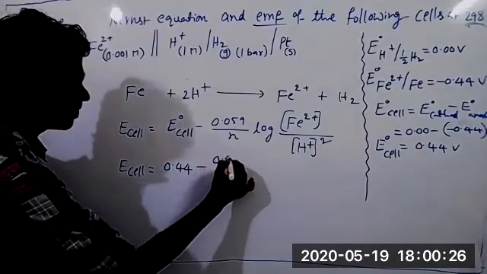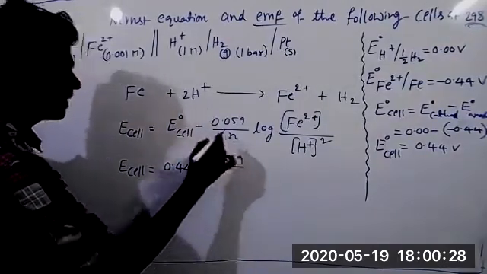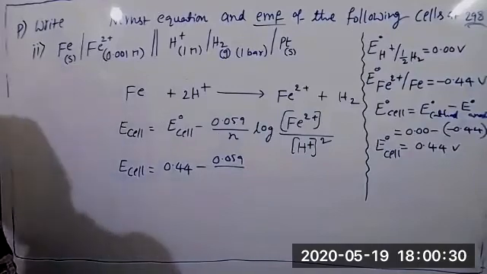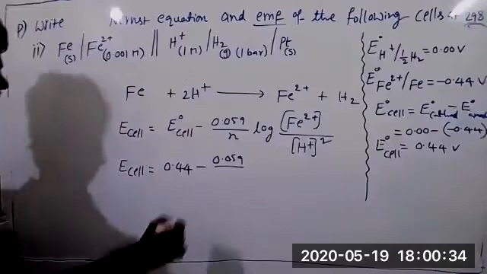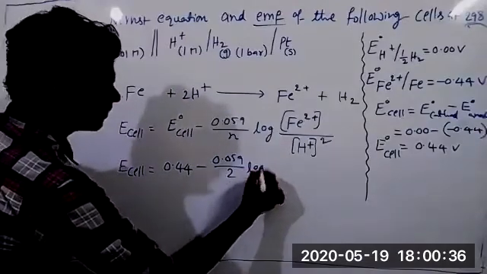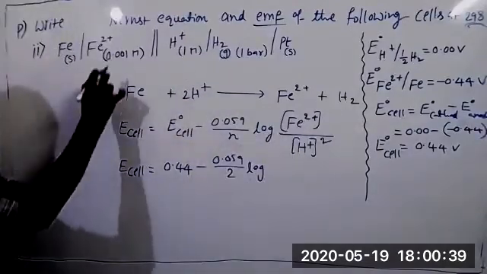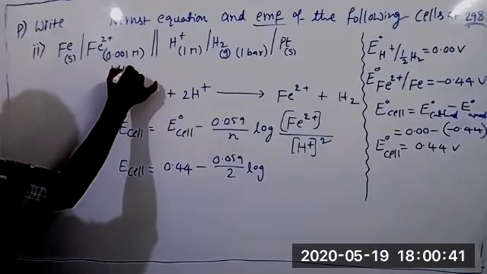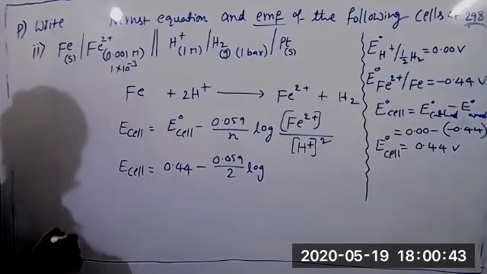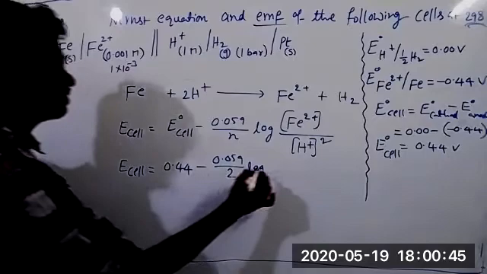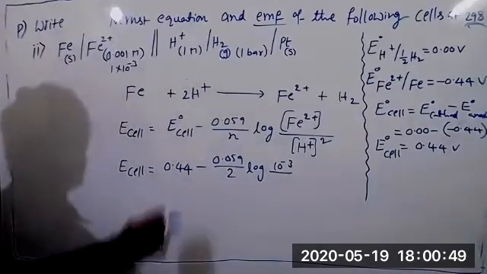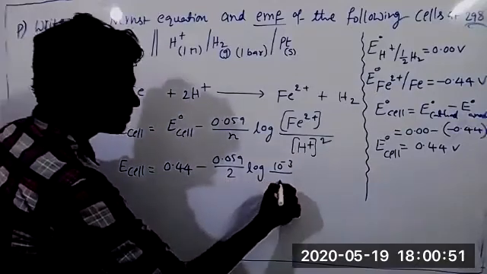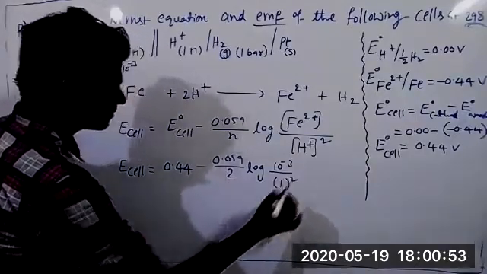0.44 minus 0.059 by n. Here how many electrons transferred? 2 electrons. Log of concentration of iron, 1 into 10 power minus 3, divided by hydrogen concentration 1 m, so 1 m square.